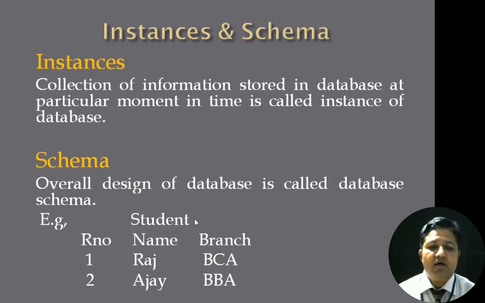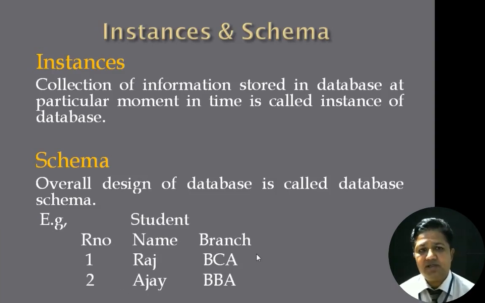So schema is a layout, the overall architecture of a database. Here, student with roll number, name, and branch is known as schema, while the values that it contains for each attribute are known as instances.